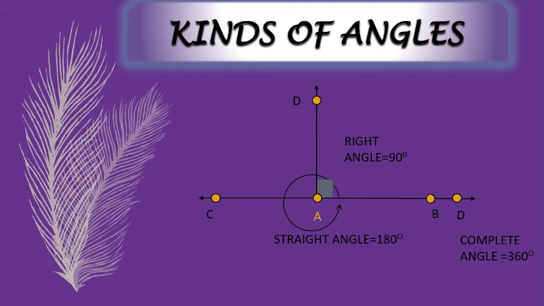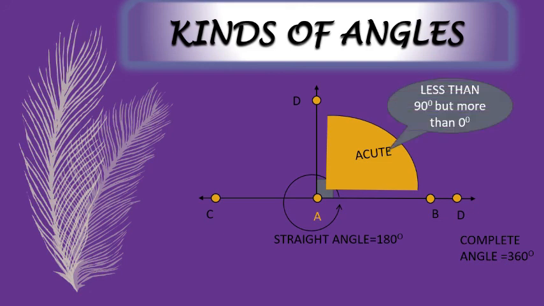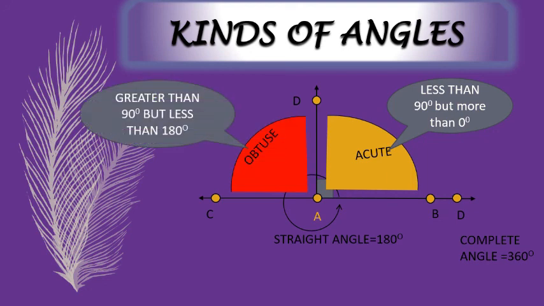The angle which lies between 0 and 90 degree is an acute angle. Acute angle is less than 90 degree, and the angle which lies between 90 and 180, BDAC, is an obtuse angle.